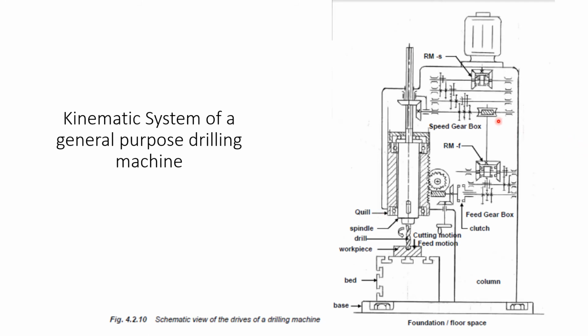This one, the output shaft from the speed gearbox to the feed gearbox. The feed rate can be changed to any of the 6 rates by shifting the gears in the feed gearbox, and the automatic feed direction can be reversed when required by operating the speed reversal mechanism.